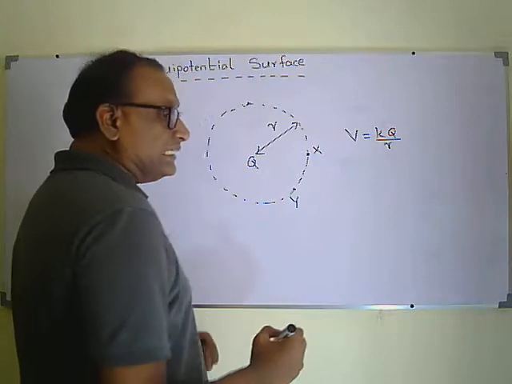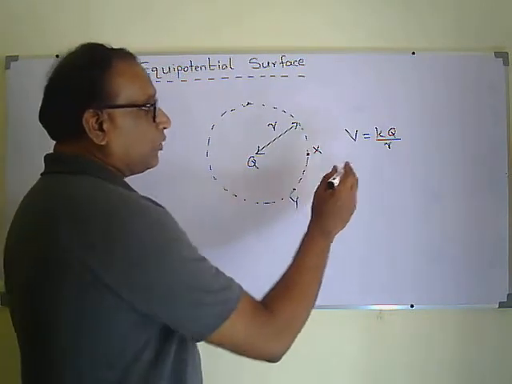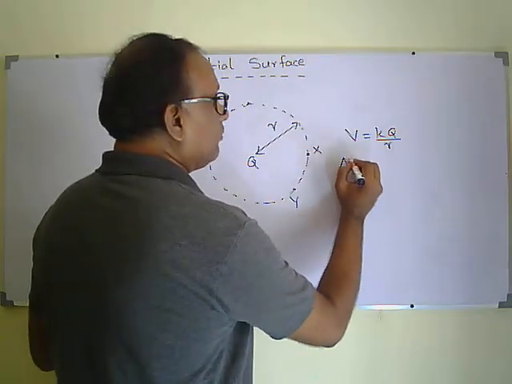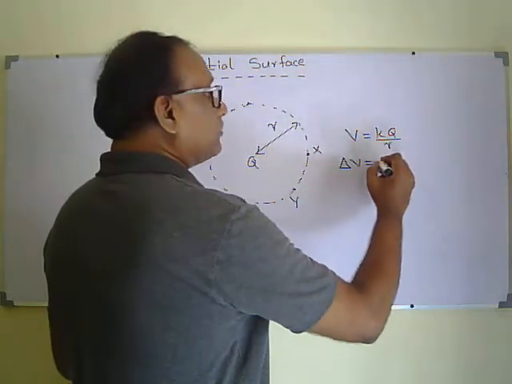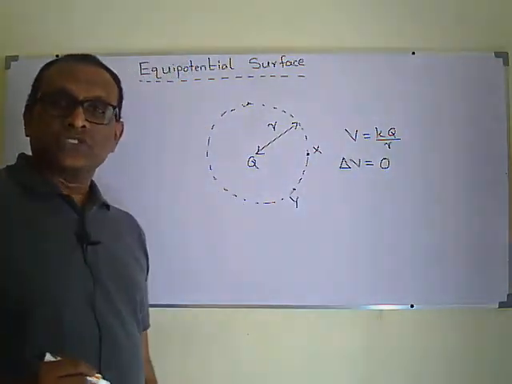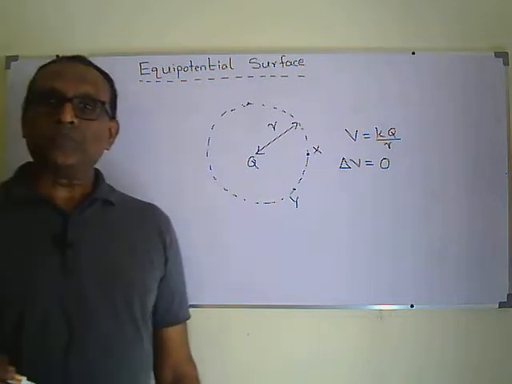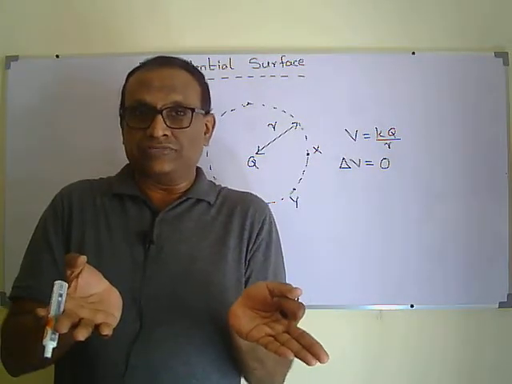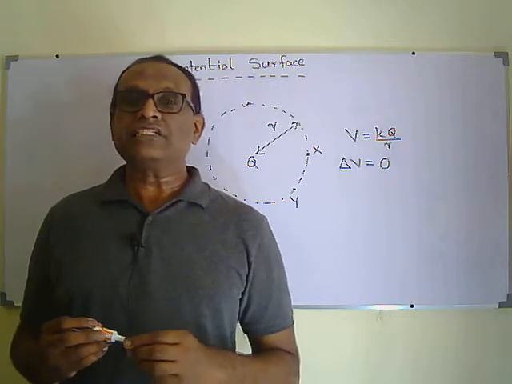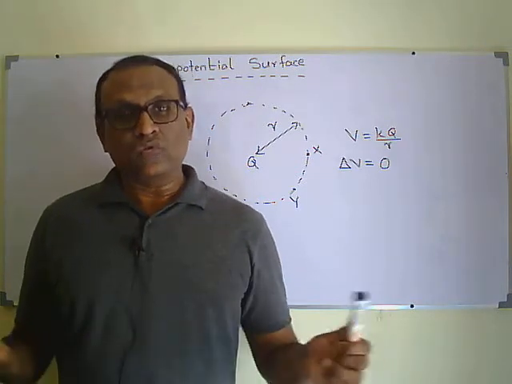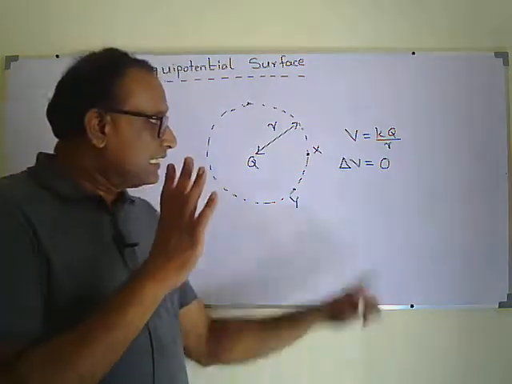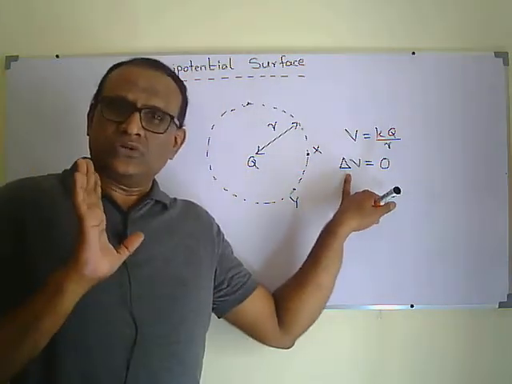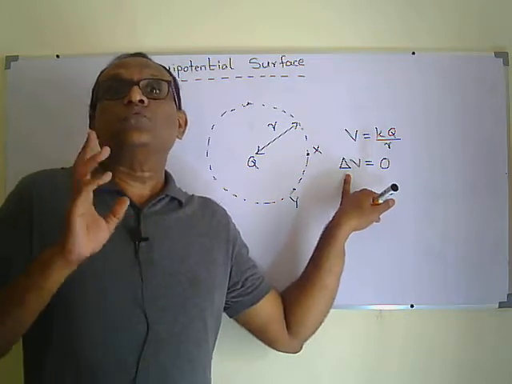So the potential difference between these two points, delta V, equals kQ over r minus kQ over r, which equals 0. So when we consider any two points on an equipotential surface, the potential difference between them is 0. With potential difference 0, we immediately get an idea about work done.